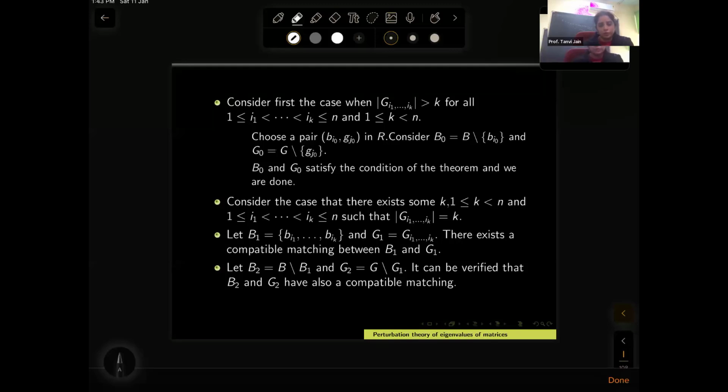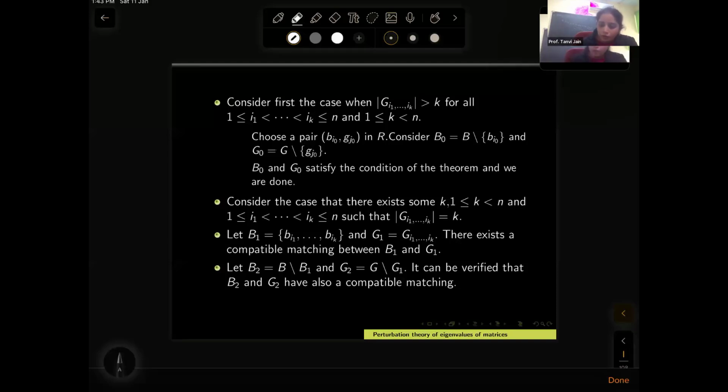Because of this special assumption that the cardinality of Gi1 till Gik is strictly greater than k, after removing these two elements, B naught and G naught will still satisfy Hall's condition. So B naught and G naught will have a compatible matching, and together with (Bi naught, Gj naught), I have a compatible matching on B and G.